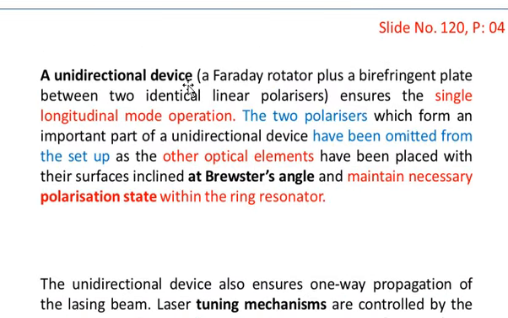A unidirectional device, a Faraday rotator plus a birefringent plate sandwiched between two identical linear polarizers. And these two polarizers, which I have not shown, are actually sandwiching two main components. One is the Faraday rotator and the other is the birefringent plate. These two components have been sandwiched between two identical linear polarizers having identical axes.